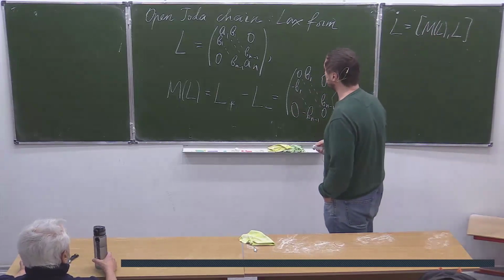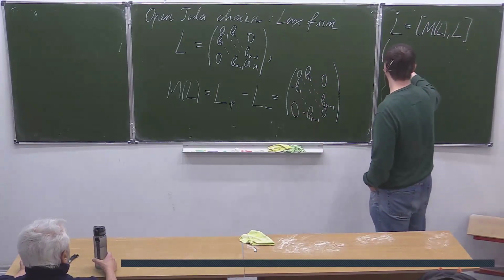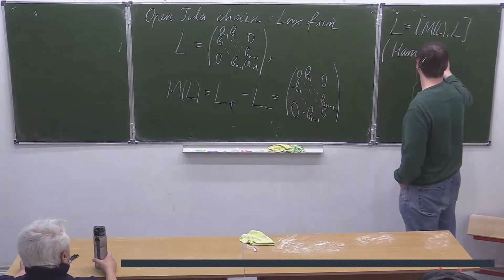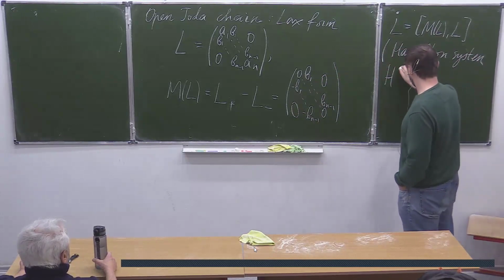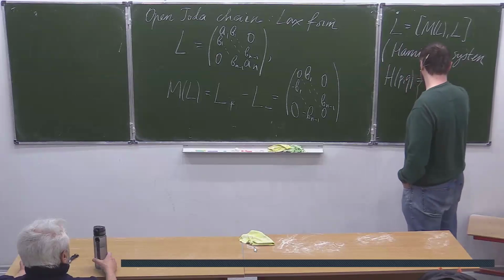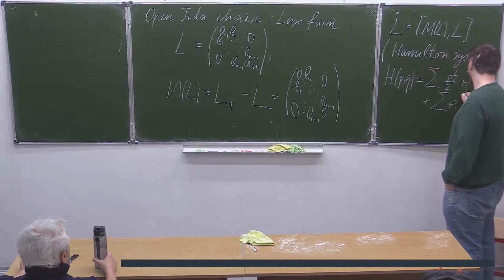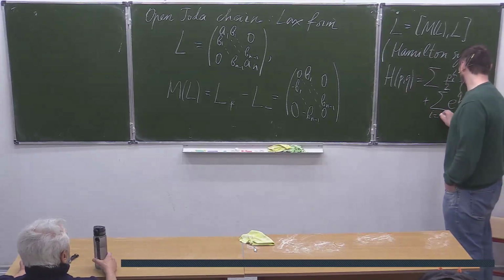This equation was motivated by the study of the Hamiltonian system with Hamiltonian H of P, Q equal to the sum of Pi squared divided by 2 plus the sum of some exponent of Qi minus Qi minus 1, sum from 1 to n minus 1, and here the sum is from 1 to n.